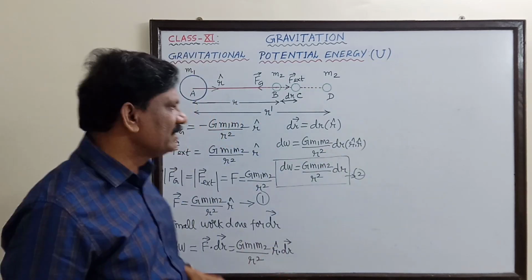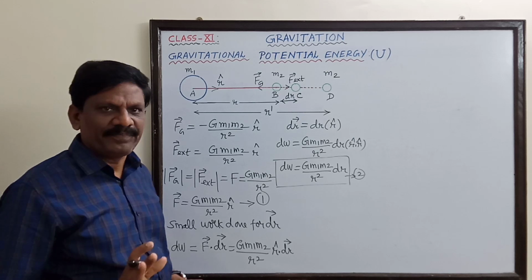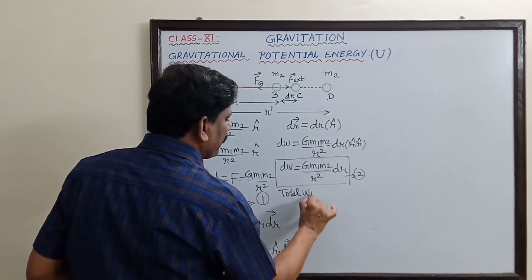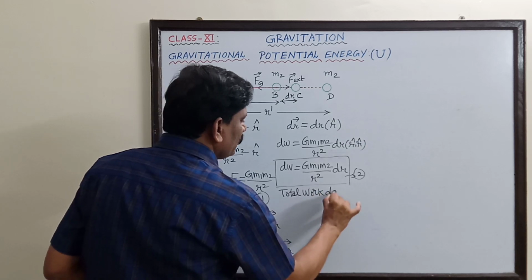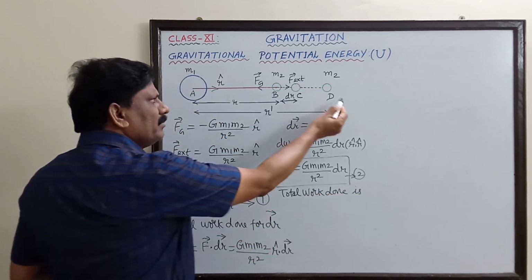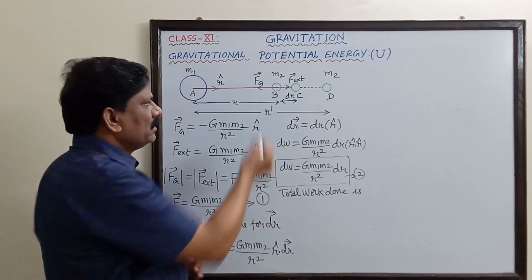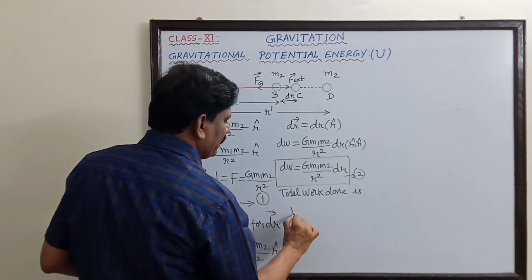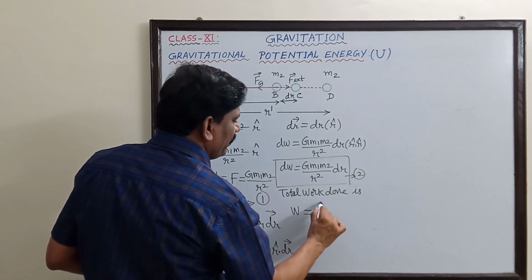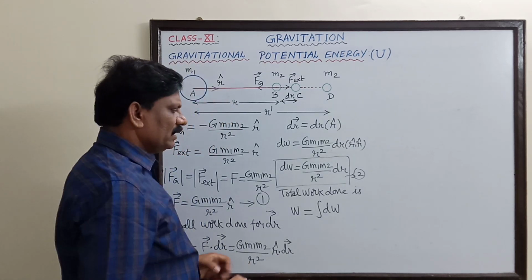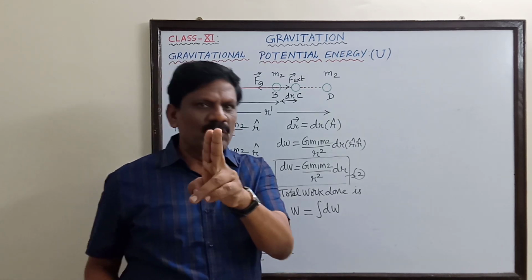So let us see one possibility at a time. The total work done in moving from r dash to r is W, equal to the integral of dW. I told you there are two possibilities.